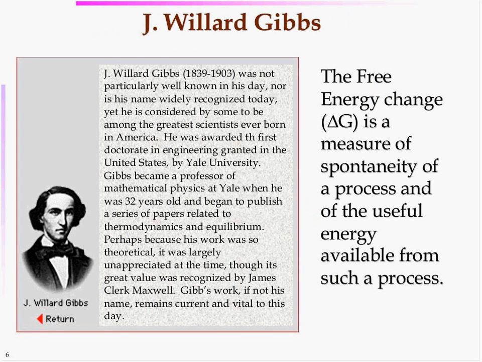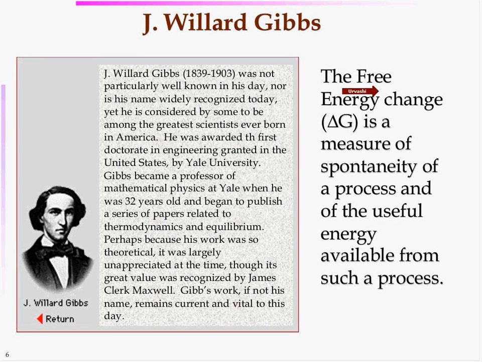Denoted by delta G. Now the free energy change delta G is a measure of the spontaneity of a process and of the useful energy available from such a process. Whatever energy or heat is actually utilized in doing work is the useful energy available. Not all of it, but the useful part.